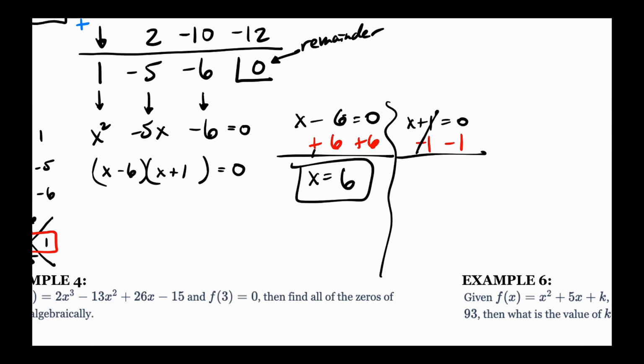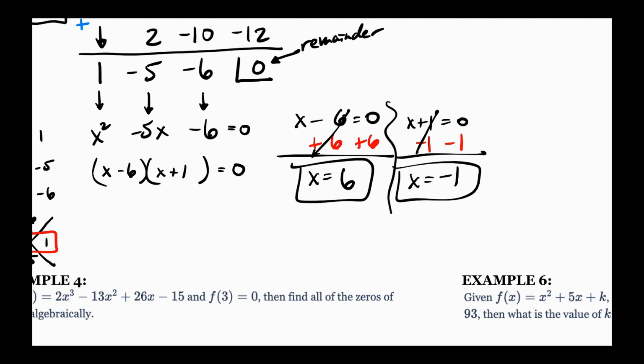Subtract 1 from both sides, and I get -1. How many answers was I supposed to have? Doesn't look like I have 3. Those of you that said you had 3, where'd you get the third one from? Remainder's not an answer. It's the remainder. It's not part of the quotient.